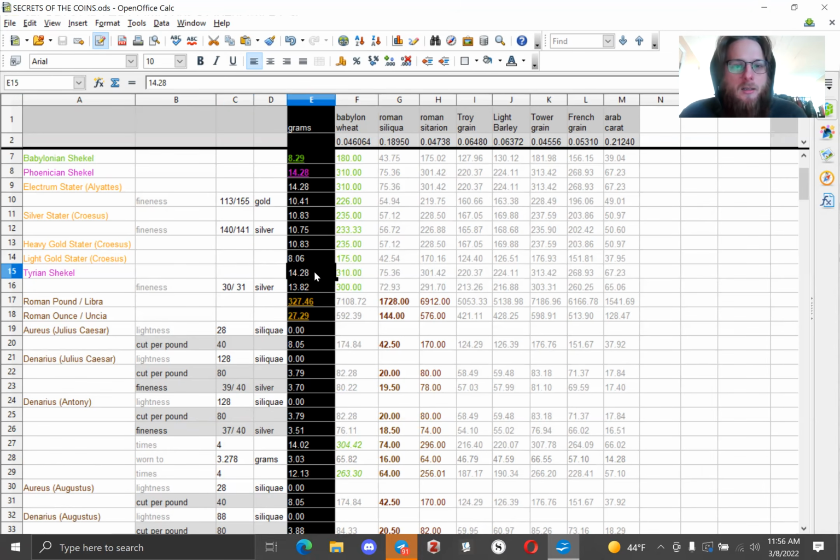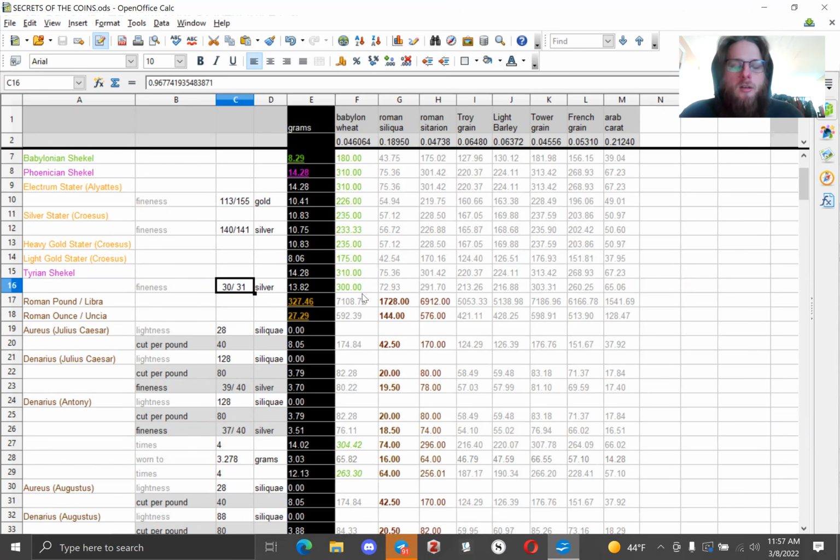But my current model says that this shekel, which we measure as 14.28 grams, is actually 310 wheat grains. So there's a wheat grain, it's about 46 milligrams, and this is the unit that they use, and it's 310 of those. Now, the Tyrian shekel, we can measure the fineness, and the fineness is about 97%. It's really consistent. It's about 97% silver. So my hypothesis for the way that they would have thought about this is that the shekel has a purity of 30/31.